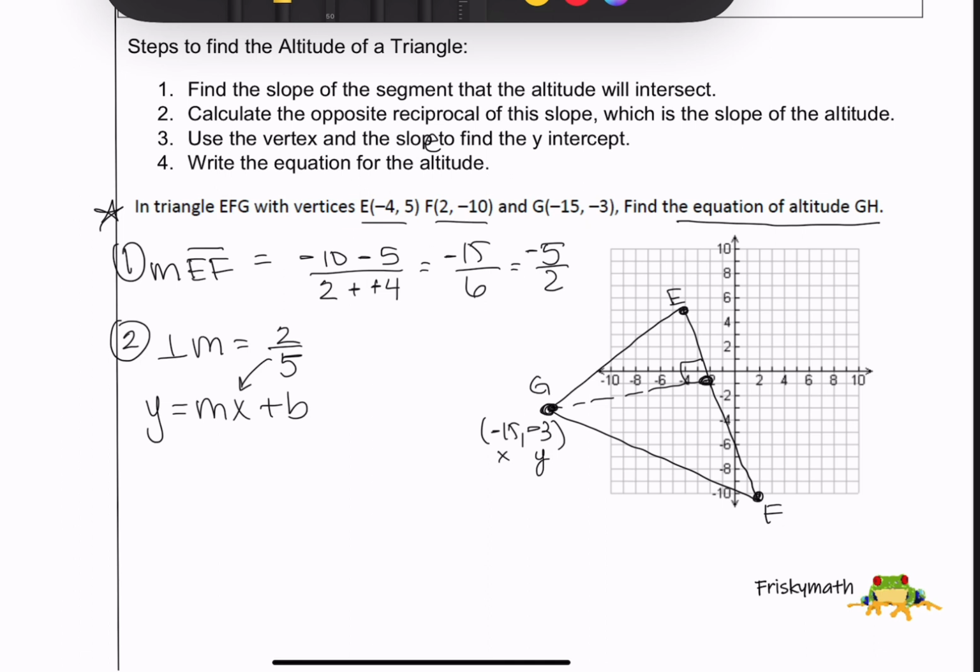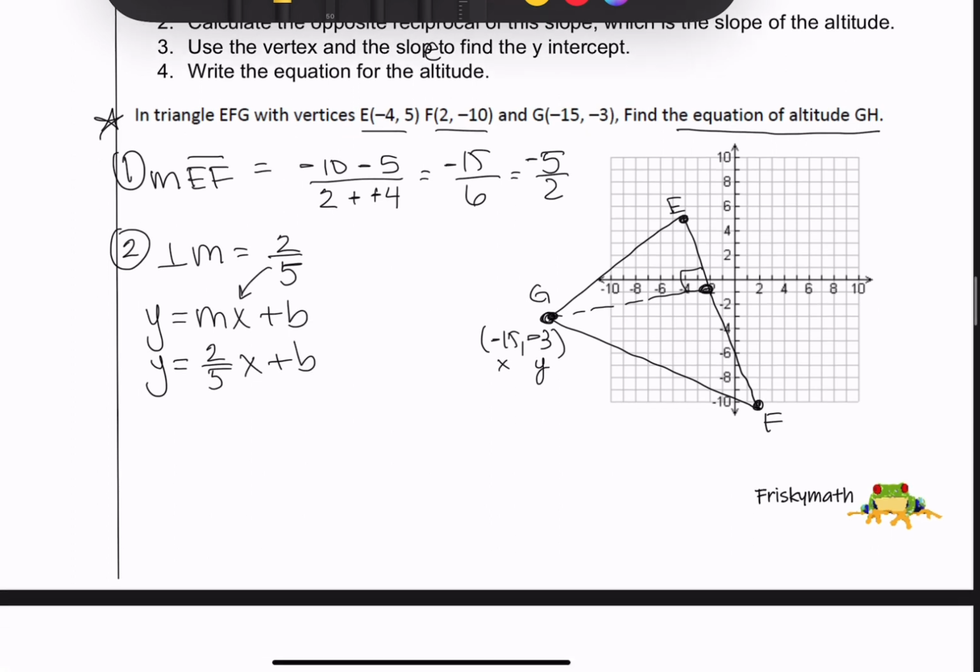All right, so first I'll put my perpendicular slope in there. Then I'll plug in the coordinates for G. So I'll have -3 equals 2/5 times -15, because that was my x, plus b.